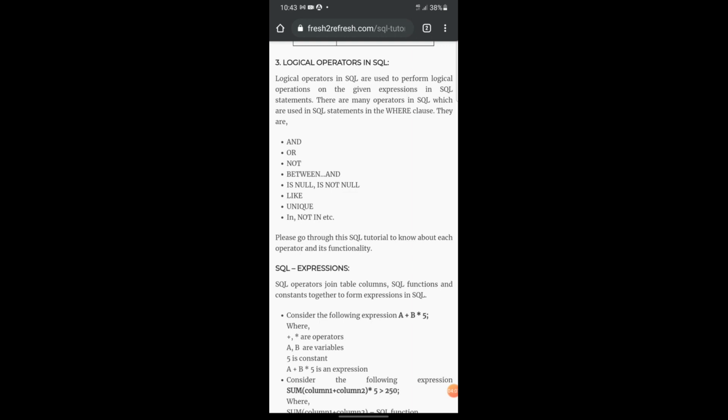Then IN and NOT IN. The IN and NOT IN operators come into play to check whether certain data is a part of a certain set of data. Clear?